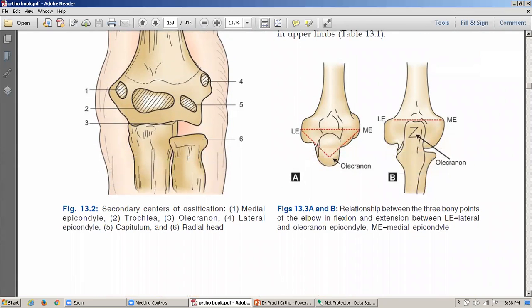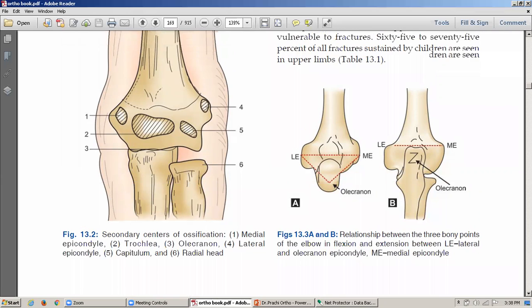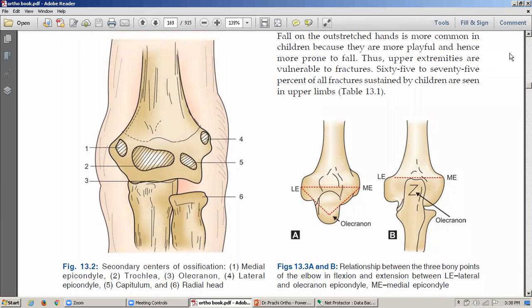The secondary centers of ossification are: first, the medial epicondyle; second, the trochlea; third, the olecranon; fourth, the lateral epicondyle; fifth, the capitulum; and sixth, the radial head.